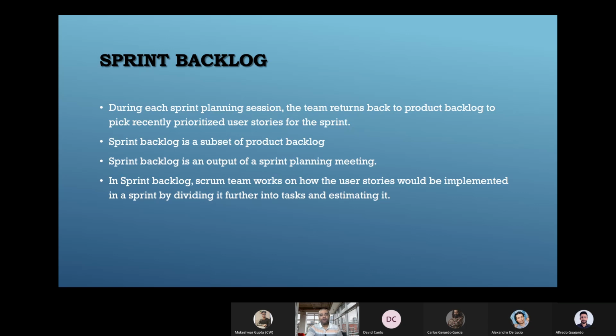Usually in a sprint backlog, you will have stories. Rarely will you have an epic, or if you do, it will be a smaller epic. But the majority of the time you will have stories or defects, regression bugs, or something like that, and the tasks will be a subset of those stories.